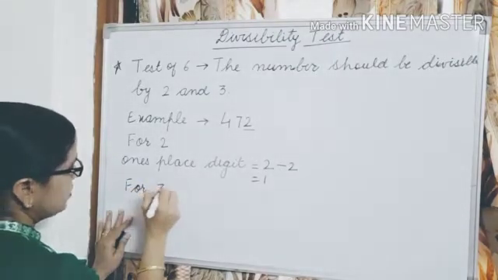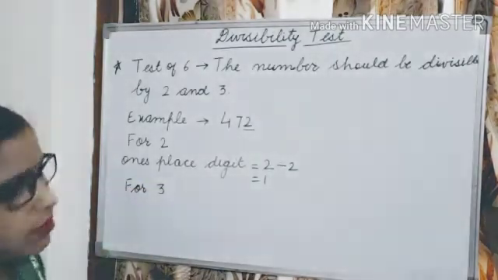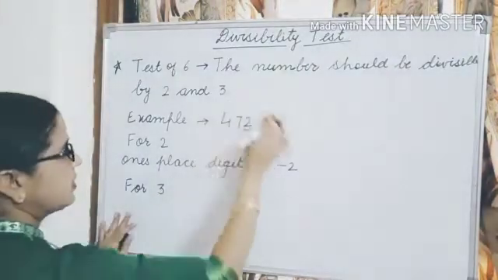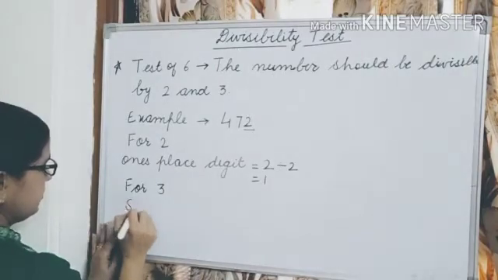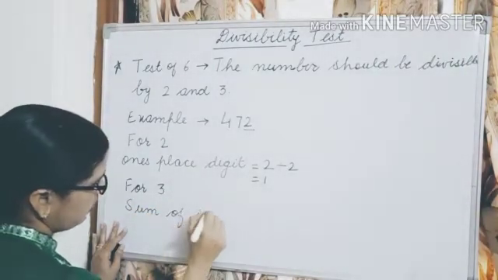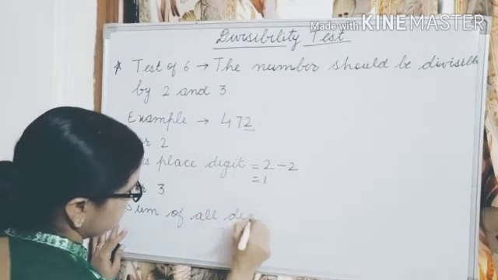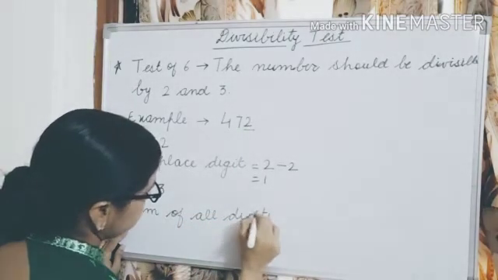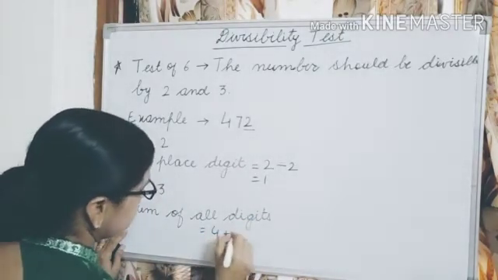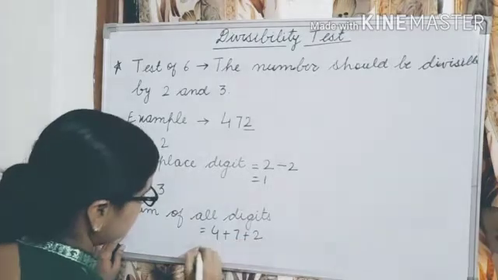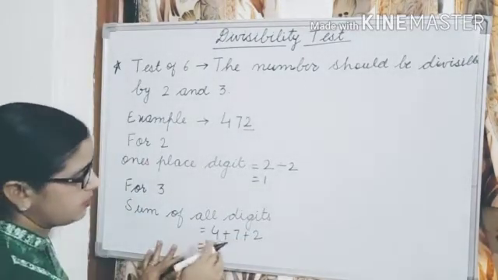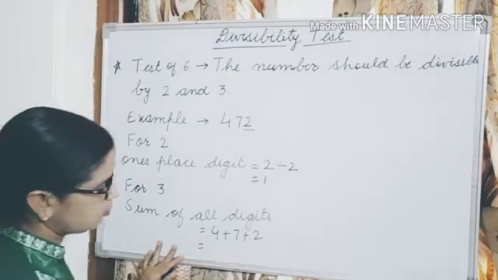Then for 3, what do you have to do? For 3, you have to take the sum of all digits. 4 plus 7 plus 2. 7 plus 4, 11. 11 plus 2, 13.